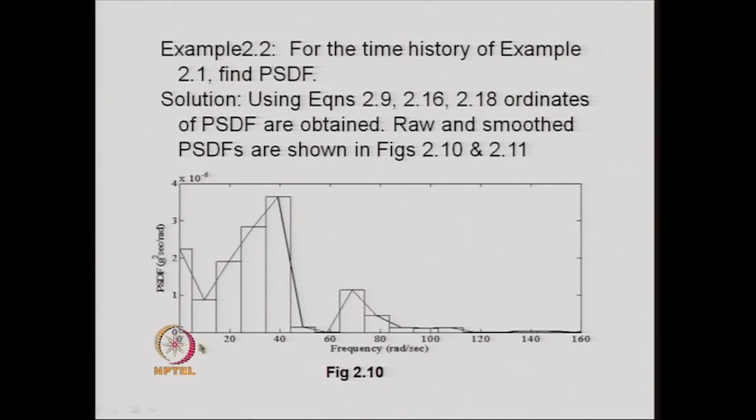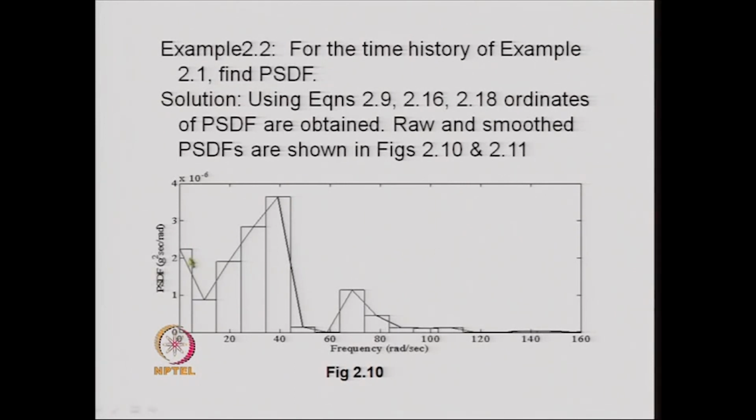So that way we can plot these histograms. This histogram is spread over d omega, and this value is equal to Cn square by 2 d omega. Now if I join the center points of these histograms, then this shows the raw power spectral density function of the ground motion.